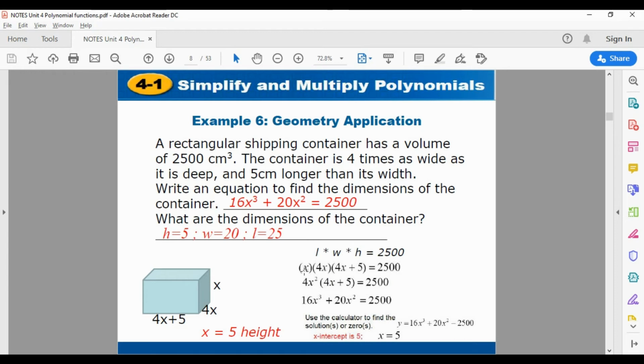And if we're calling the length x and the width is 4 times as wide, well, okay, so they use the term deep, and that's just one of those things that you want to be careful of, is we change terminology because there is no set standard for what term to use. When I talk about a box, I typically will refer to length times width times height, and other people might use the term depth.